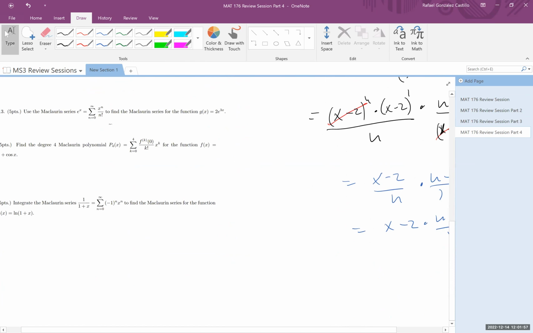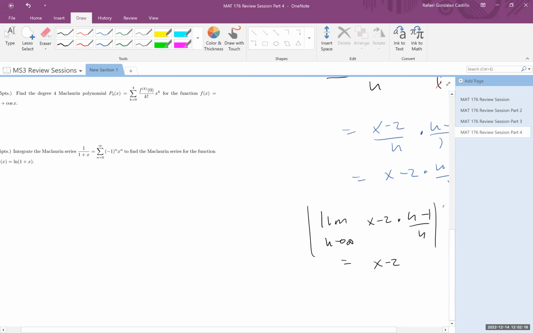So let's now do that computation. The limit as n goes to infinity of (x minus 2) times (n minus 1) over n, and we include the absolute value there as well.